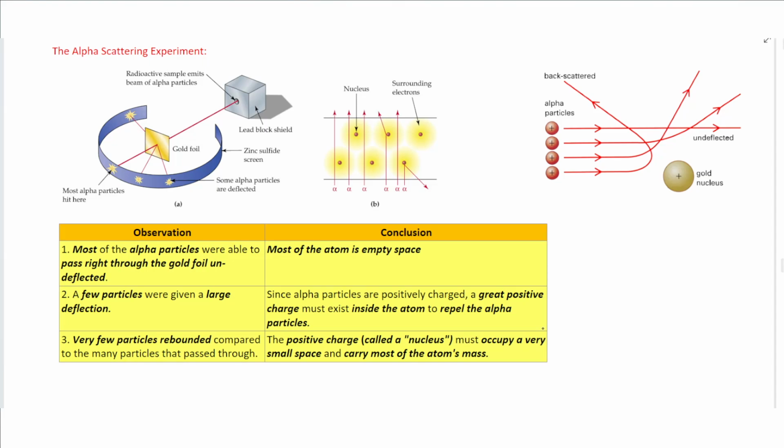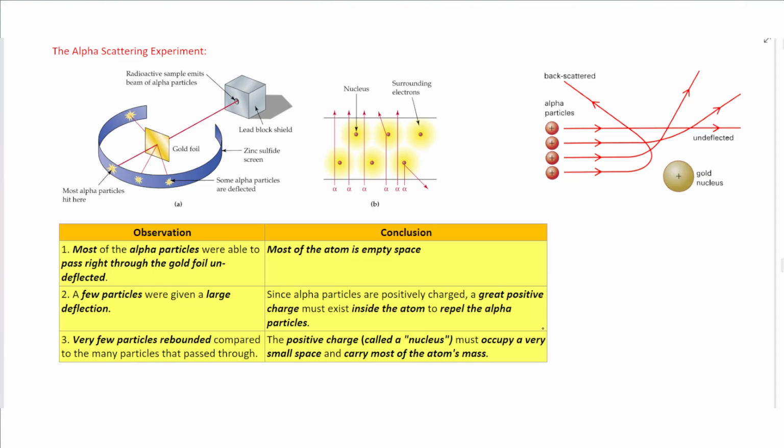The second observation was that some of the alpha particles were deflected away from their original direction. This means they were repelled. But since alpha particles are positively charged, they must have been repelled by another positive charge. So within the empty space of the atom, there is a concentrated positive charge that repelled the alpha particles.